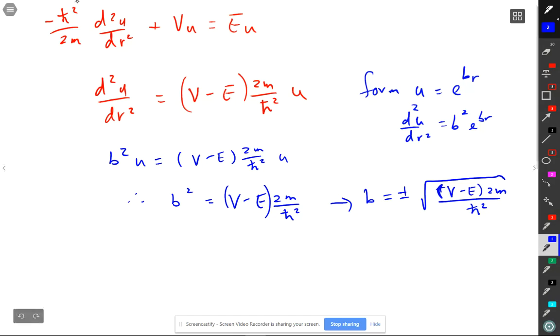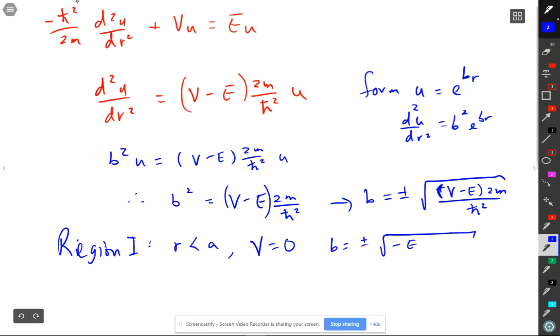So region 1, r is less than a. Then I'm going to have V equals 0, right? And so b is equal to plus or minus the square root of minus E 2m over h bar squared.